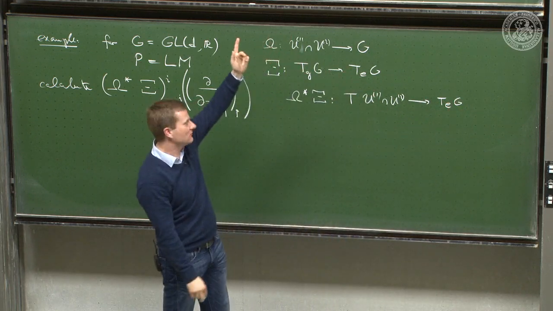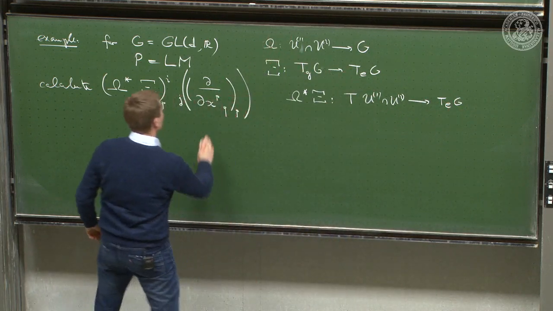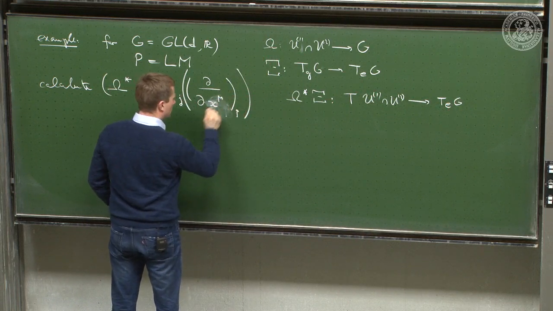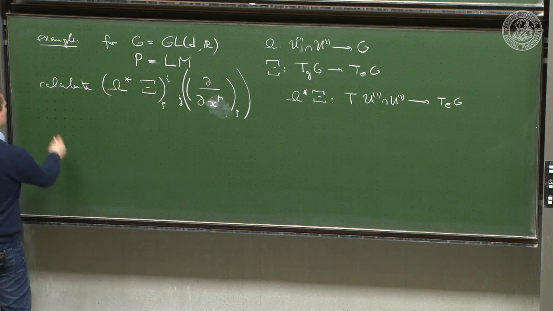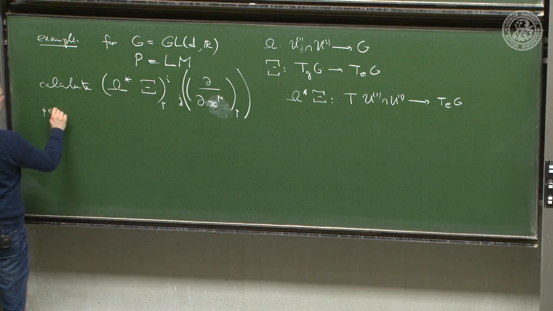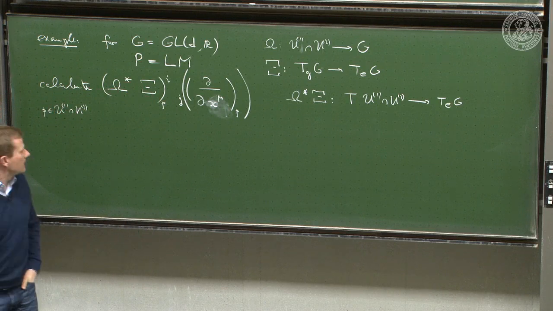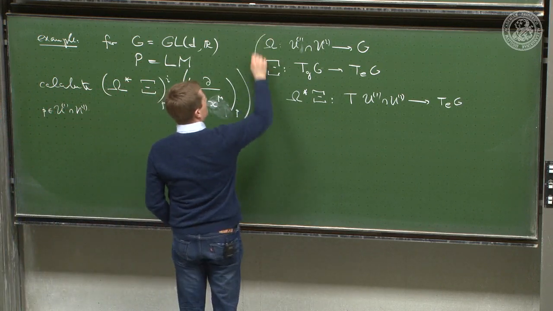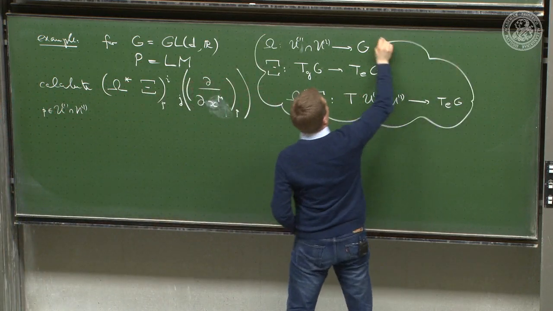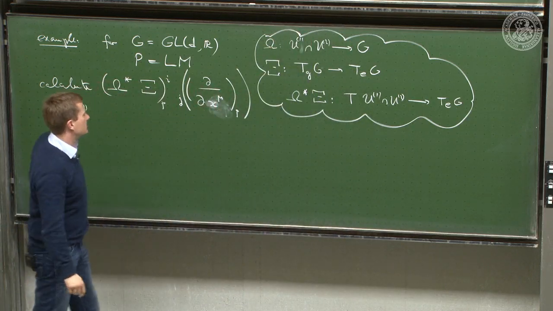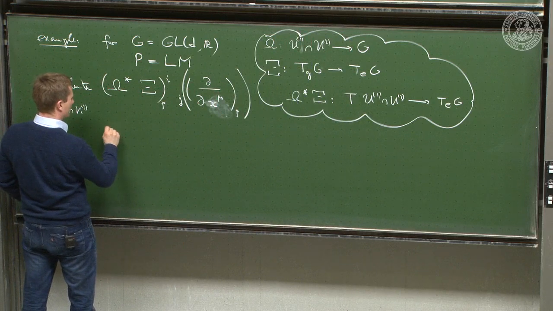That's what I wrote down first today. So we act on d by dx mu at a point P, but now the point P is in U1 intersected U2. This is just to get straight what we want to do. We understand this guy if we understand its action on every tangent vector. Okay.